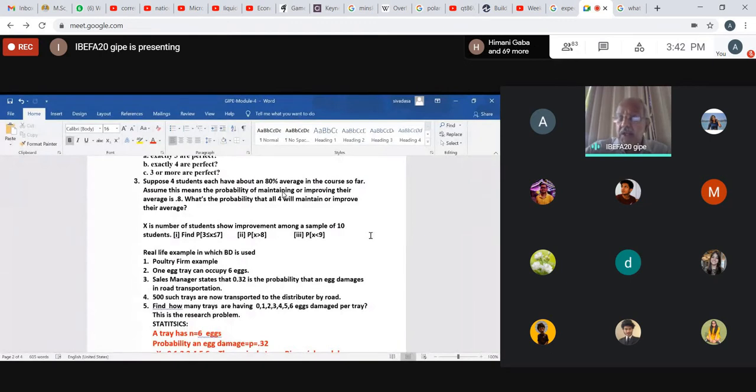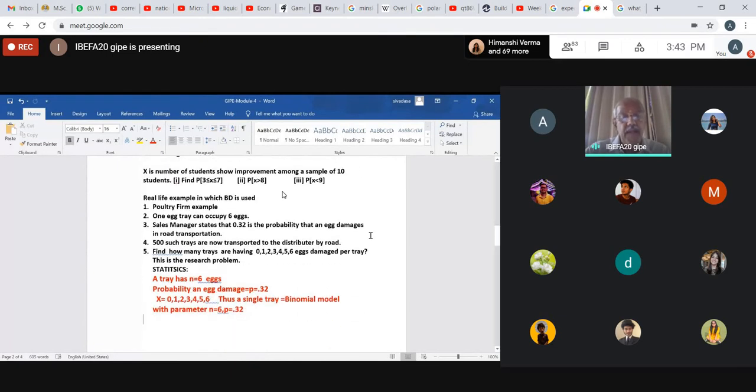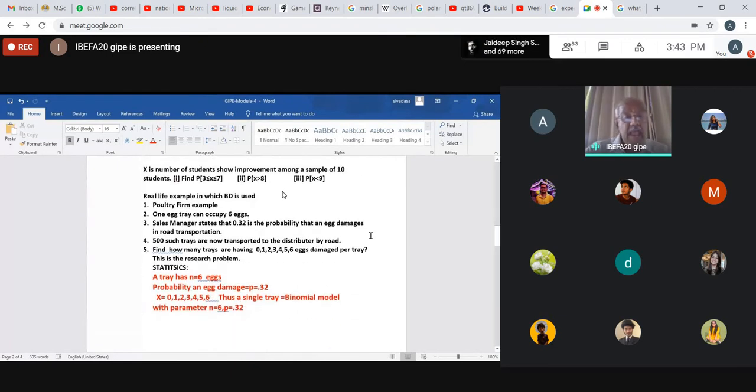Here 0.32 is the probability an egg is damaged. So I wrote here a tray is similar to the earlier questions, all of which we answered with binomial distribution. So the single tray is a binomial model for answering the research problem.